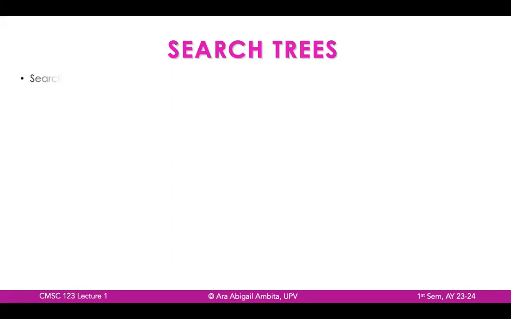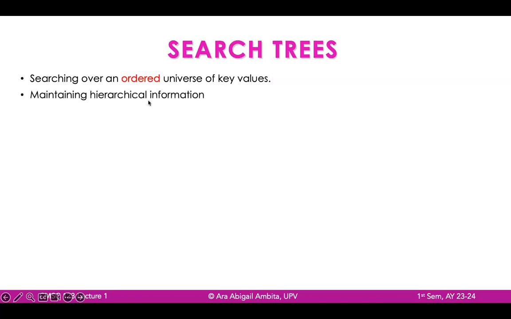Search trees allow us to search over an ordered universe of key values as well. In search trees, compared to the hashing that we have discussed before, we can maintain some kind of hierarchy in organizing our information.